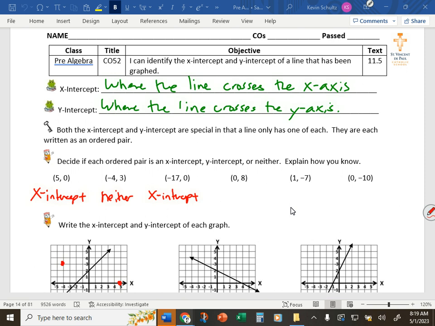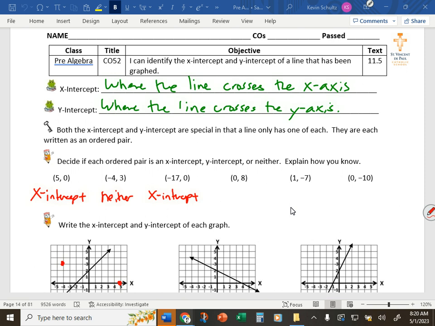You can identify if an ordered pair is an x-intercept by looking at the y value. Because in these two examples of x-intercepts that we have here, what is true about the y value for each of them? What is true about the y value for both of these ordered pairs that we've said is an x-intercept? This might be the easiest question you get asked all day today.